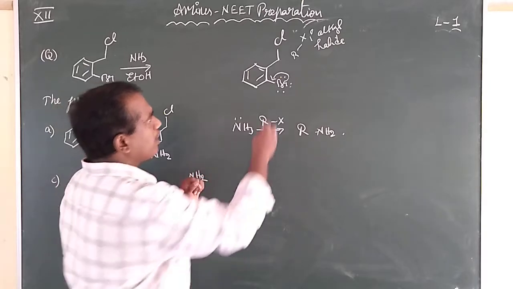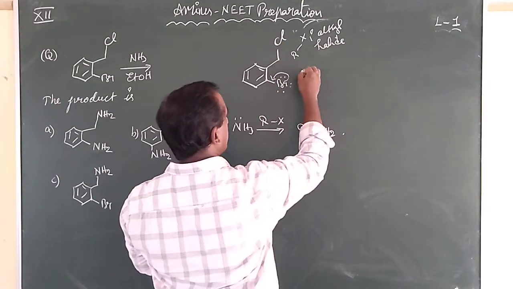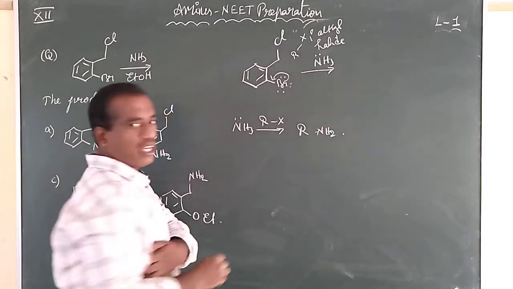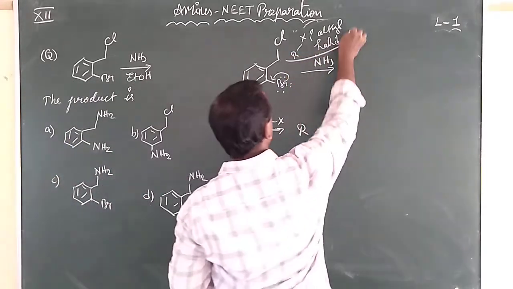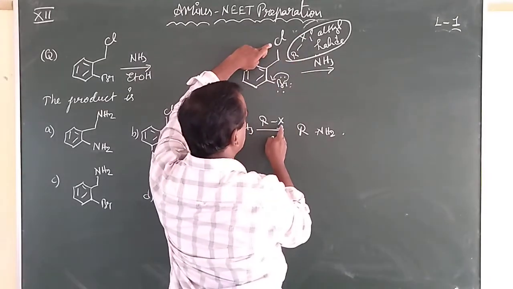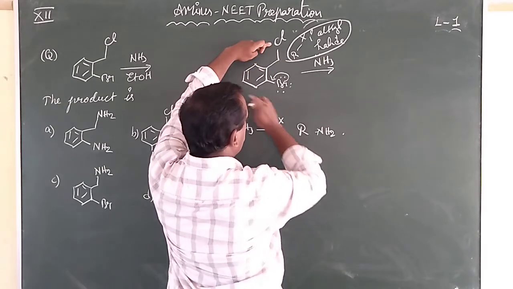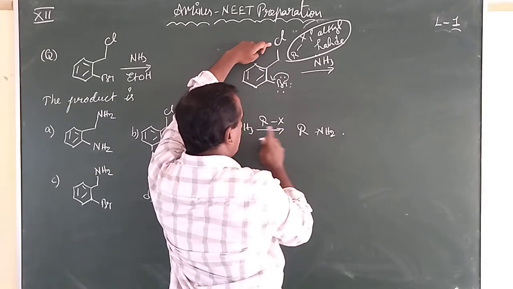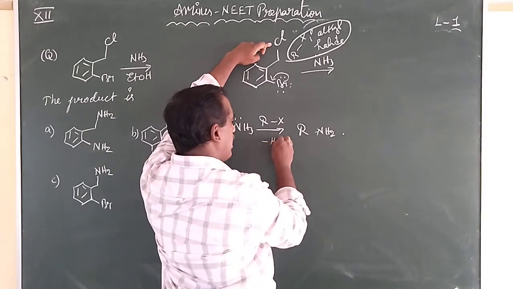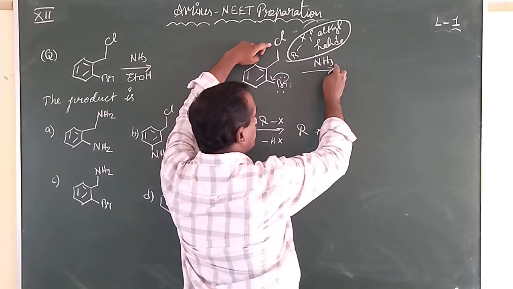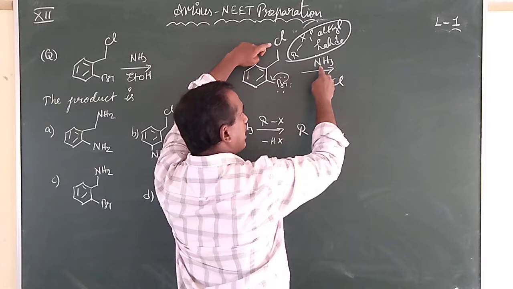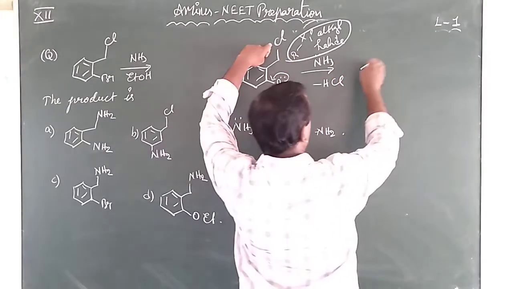This part is like the alkyl halide, the chlorine being the halogen like the X in RX, and the rest is considered the R group. So we got the substitution here. Hydrogen was removed with the halogen, similarly the hydrogen will be removed with the chlorine, and the NH2 will be bonded to this part.